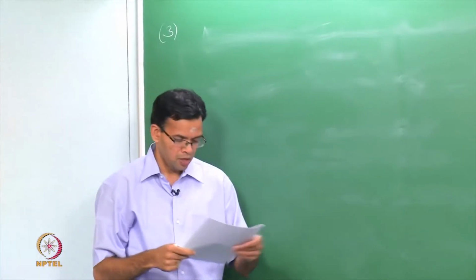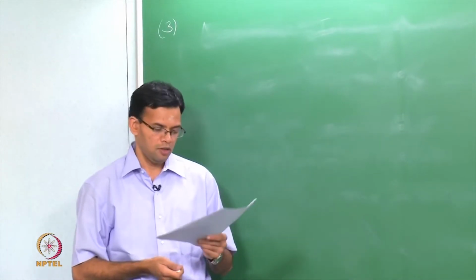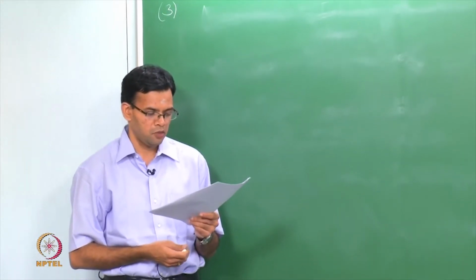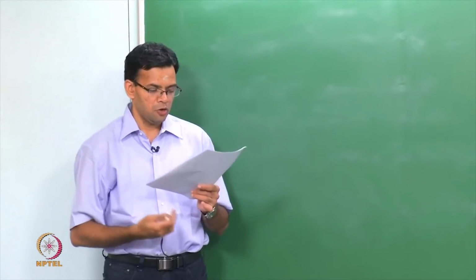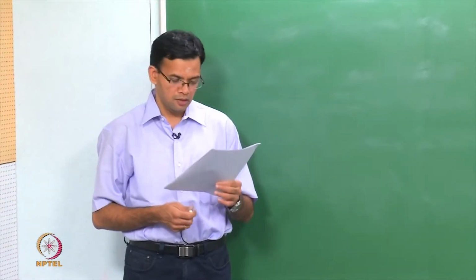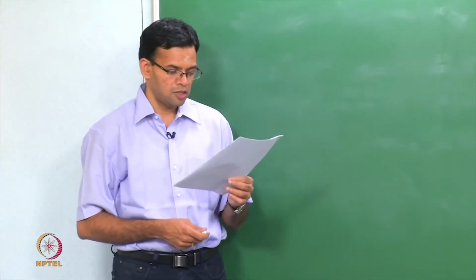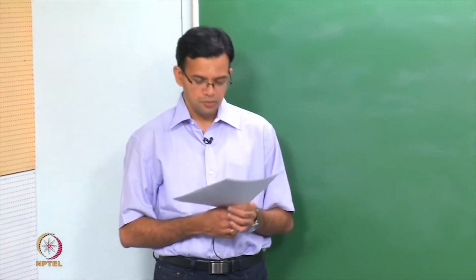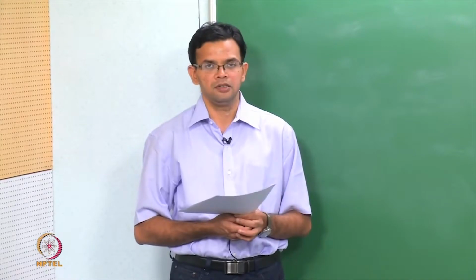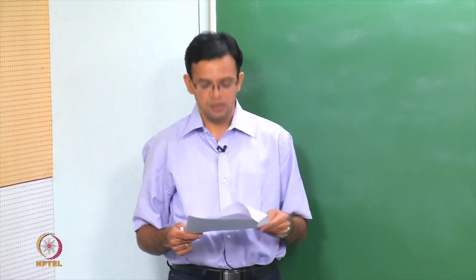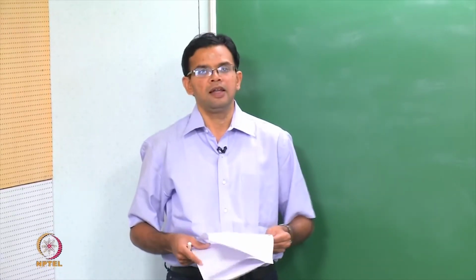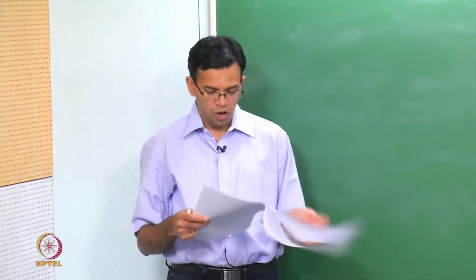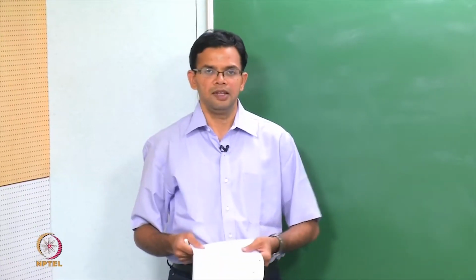Question 3, using the hydrogenic model, how much energy is required to ionize a donor atom in a semiconductor with a dielectric constant of 10 and an electron effective mass that is only 30% of the free electron mass. So, we looked at the ionization energy of a donor or an acceptor earlier.